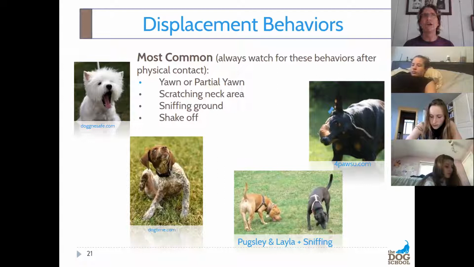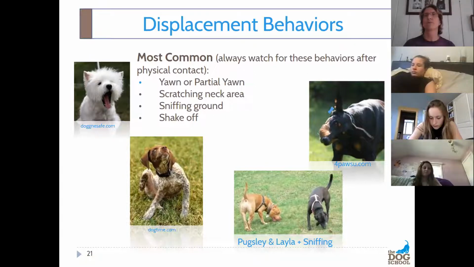You'll often see a shake off. And after physical contact with your dog, it's not uncommon to see a shake off. Though the shake off and the scratching are the ones that are most obvious to see, all four of these are behaviors that just say, I was stressed.